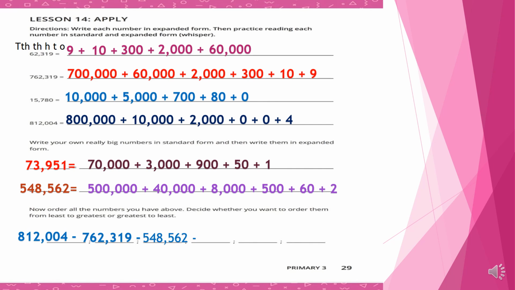Yes, 548,562. What is the next greatest? 73,951. The next will be 62,319, and the last one 15,780. As we said, we compare the greatest place to see the greatest number.